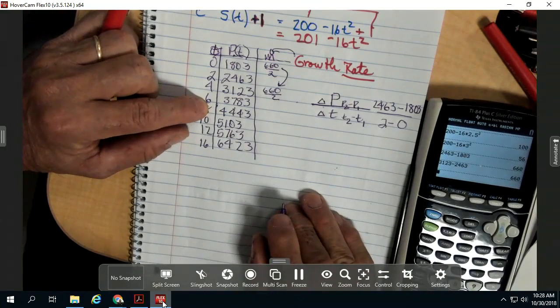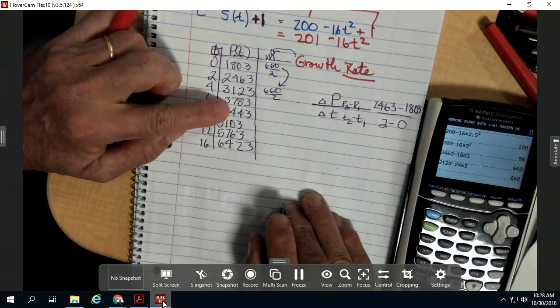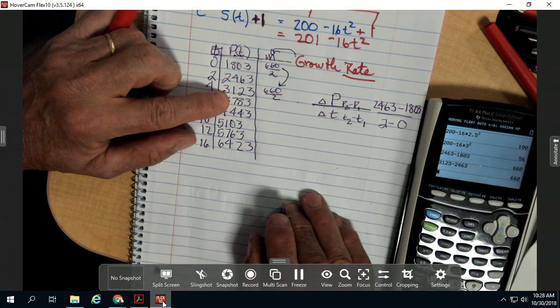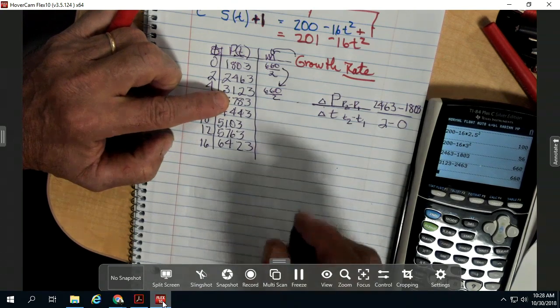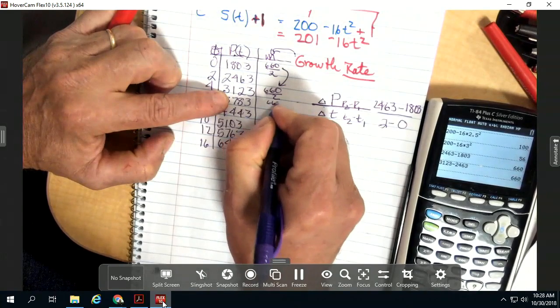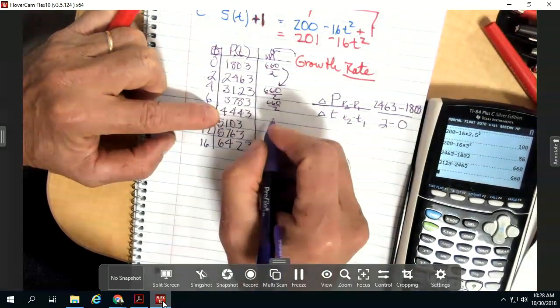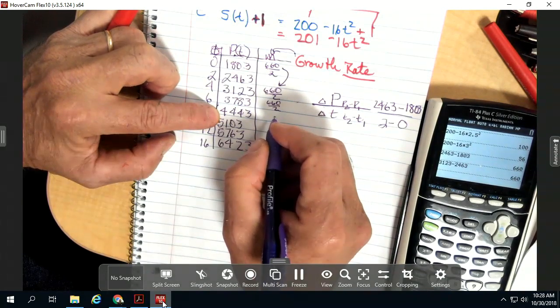How about the next one down? 3783 minus 3123. Anybody take a guess? 660 in 2 years. Do you see a pattern developing here? So what's the next one?